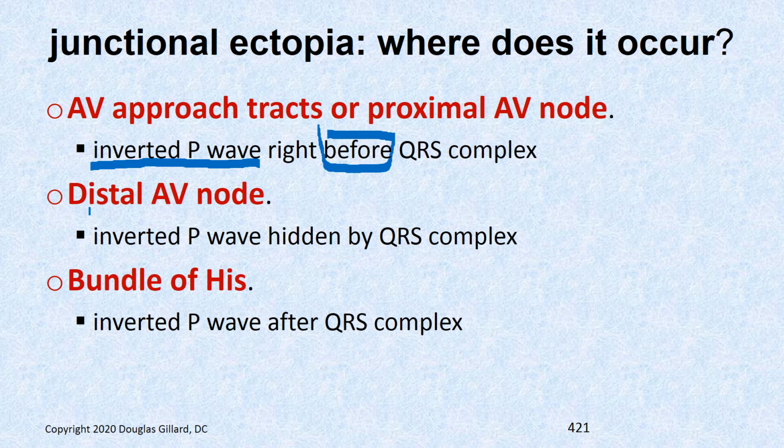If it occurs in the distal part of the AV node, you're not going to see it anywhere. It's going to be hidden by the QRS complex. If it occurs even later in the cardiac cycle, in the bundle of His, you'll see it, but it'll be after the QRS complex. Got it? After the QRS complex.